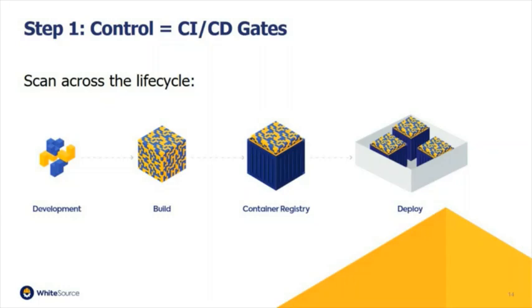I included the development and build phases here for completeness, but realistically, I've talked most already about the control there. During the development phase, you should make sure, and there are many tools to do this, to ensure that people are not including things that are already out of date or already have security vulnerabilities. You don't need to start behind the ball. This doesn't even necessarily require advanced tooling.